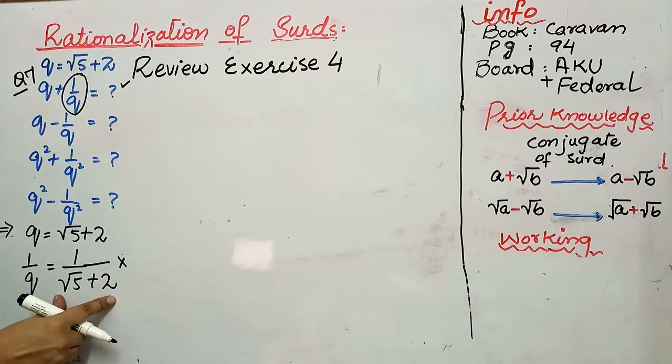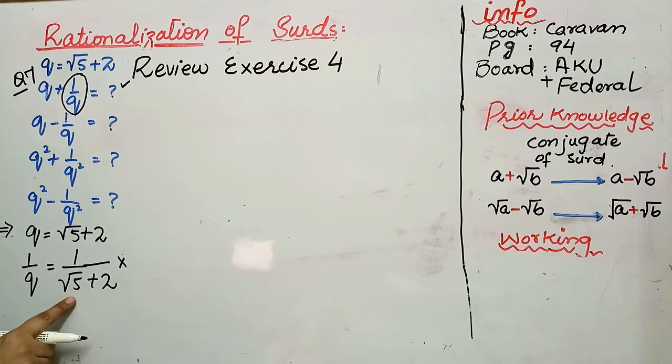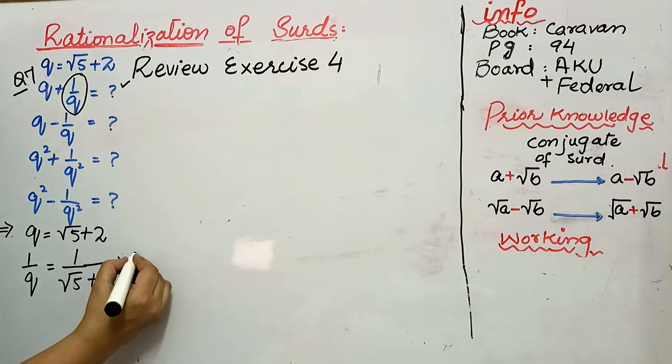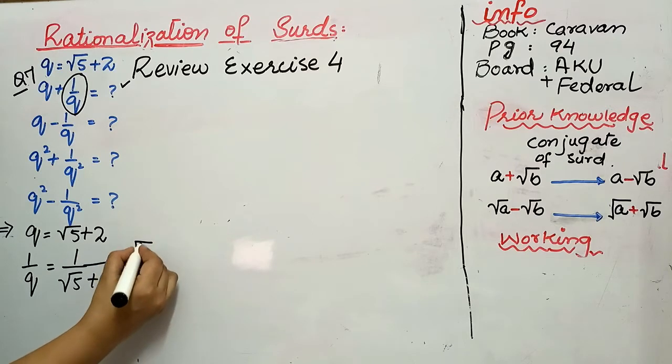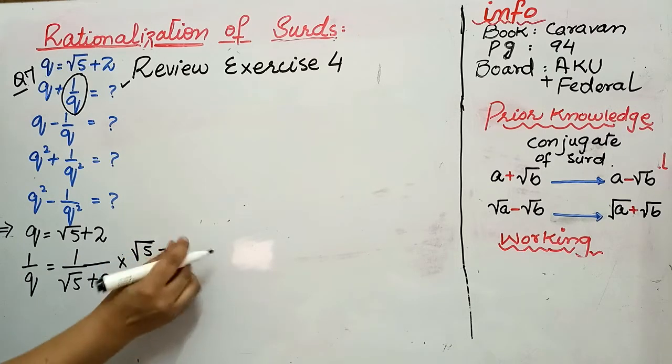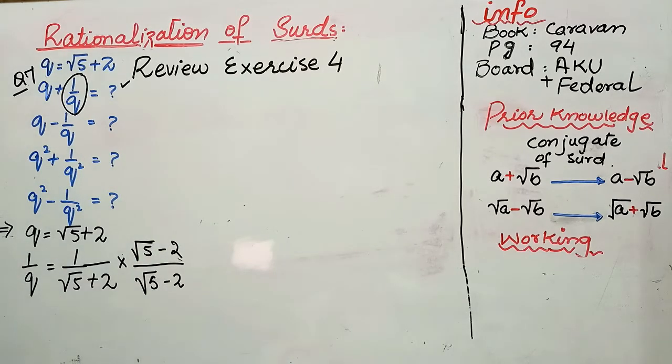In the process of rationalization, we have to take the conjugate of the denominator and multiply it in the numerator as well as in the denominator. Under root 5 minus 2 we have multiplied and divided. So this is a plus b into a minus b.